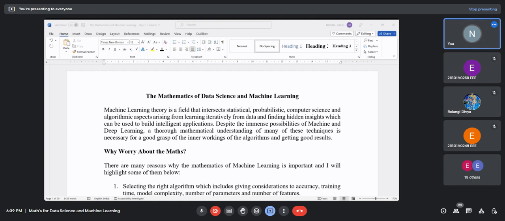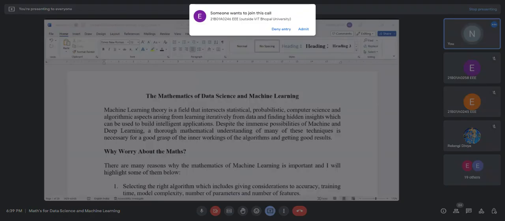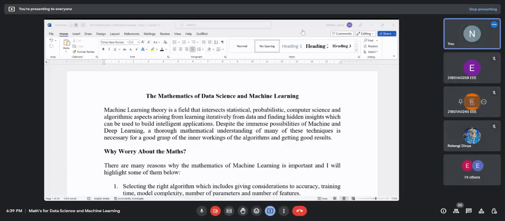Mathematical equations are derived, different sets of variables and different functions and methodologies are used. On the basis of that, we apply the techniques, derive the algorithm, then convert it into programming concepts, and then obviously apply the data over it.